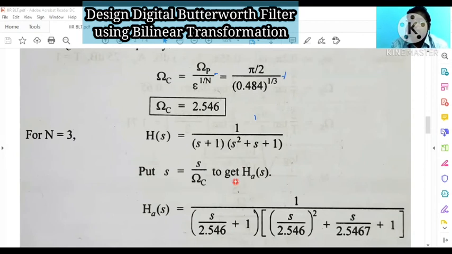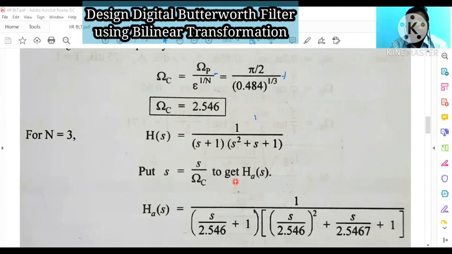The second transfer function is found by substituting s replaced by s by omega c, because if in your problem you need to design a digital Butterworth low pass filter, you just substitute s equal to s by omega c. If it is not given, you just consider it as a low pass filter. The default filter is low pass filter, so don't bother about that.